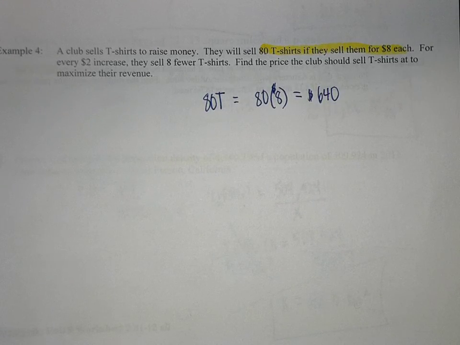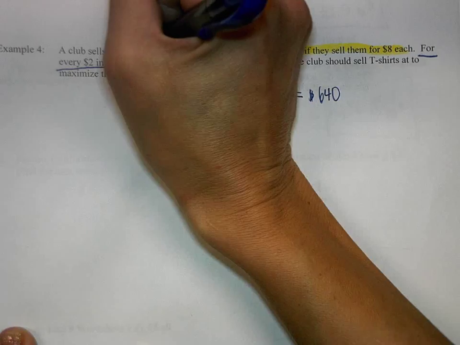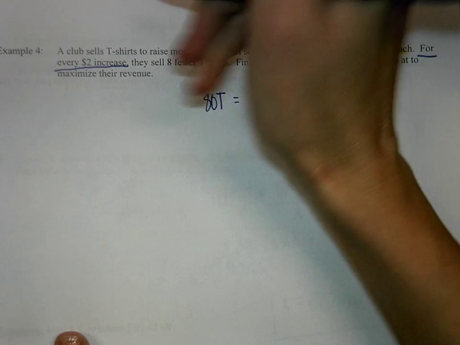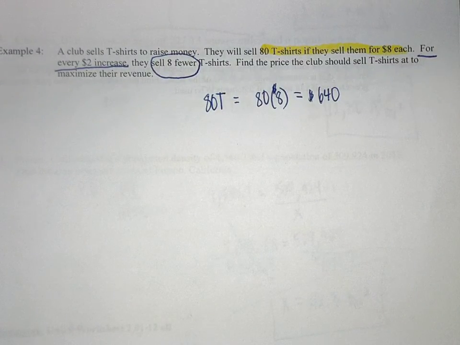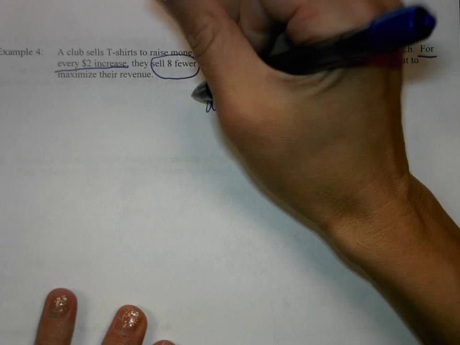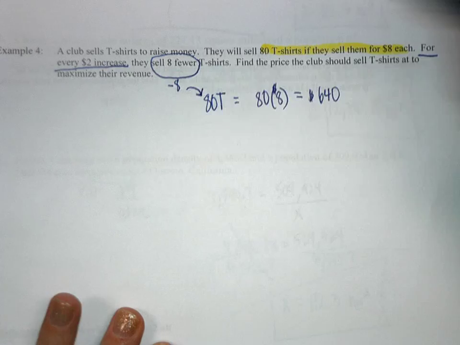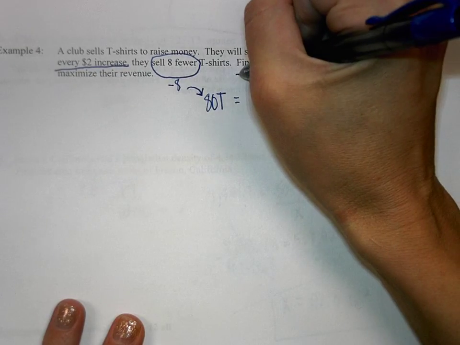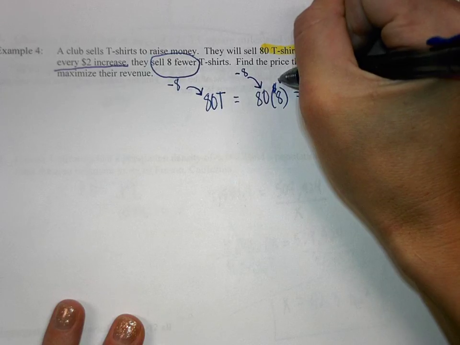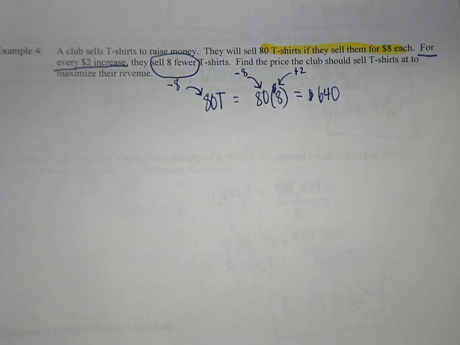Okay. Then it says, for every $2 increase, they sell 8 fewer shirts. Okay? So what's happening is that the shirts are going to subtract by 8. Do you guys agree? So this value is going to subtract by 8, but this value will increase by 2. That's what they're telling me. Okay, so we want to figure out what is the best price.